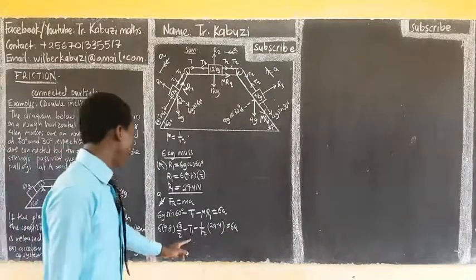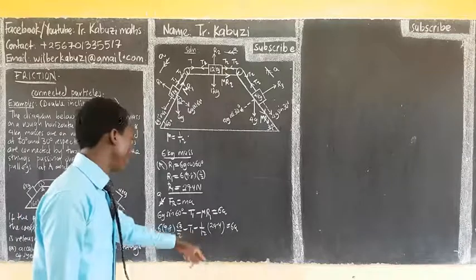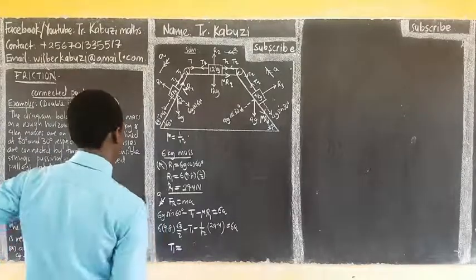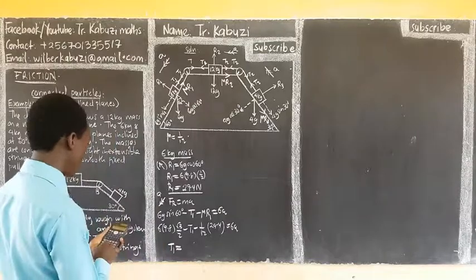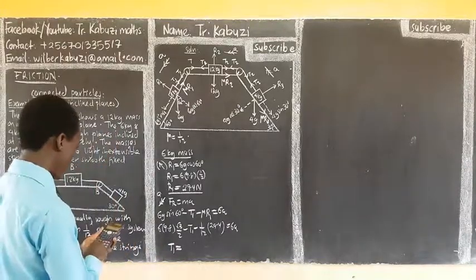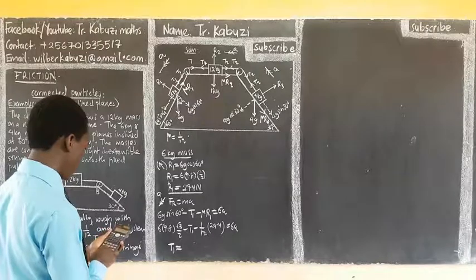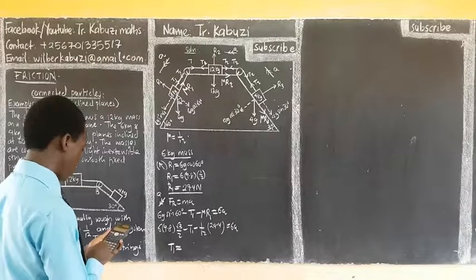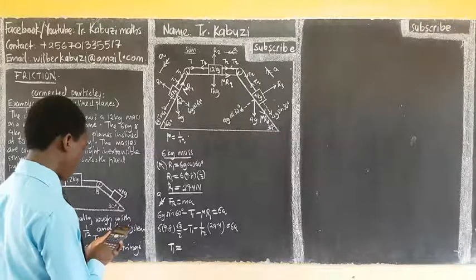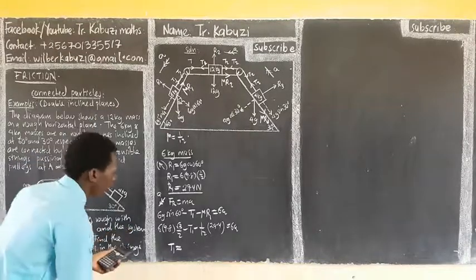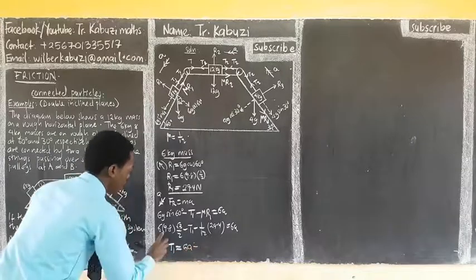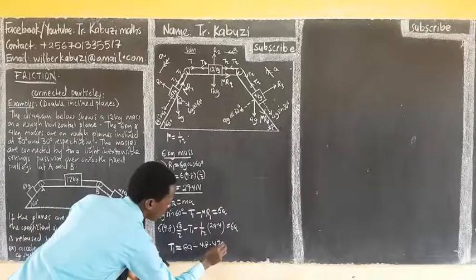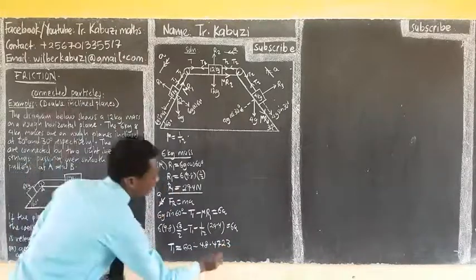So if I make T1 the subject and push everything the other side, my T1 is going to be 6a minus 48.4723. I call this equation 1.